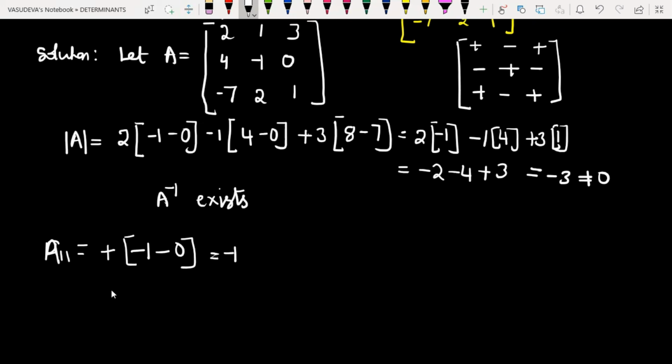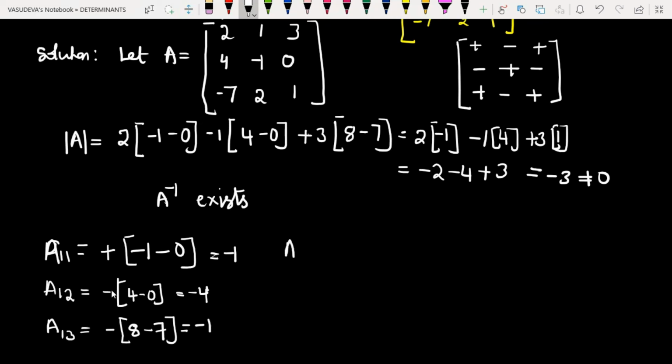Then capital A12, cofactor of the element 1, it is minus, 4 minus 0, that is minus 4. Cofactor of the element A13, that is plus, the element 3, that is 4 into 2 is 8 minus 7 into minus 1 is plus 7. So 8 plus 7, that is 15.